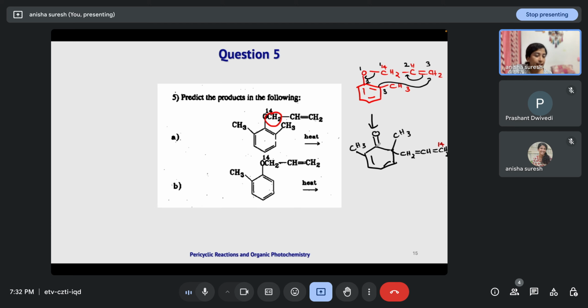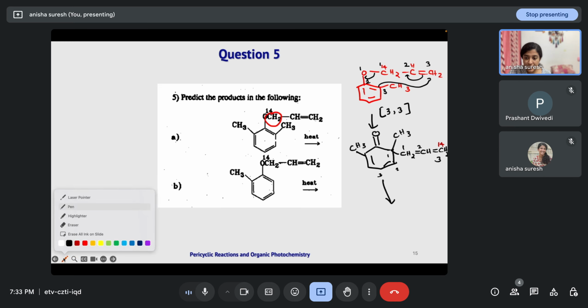Since this cannot undergo aromatization, it will undergo another round of Cope rearrangement, that is a 3,3 sigmatropic rearrangement. So here it will be like 3, 2, 1, 1, 2, 3.